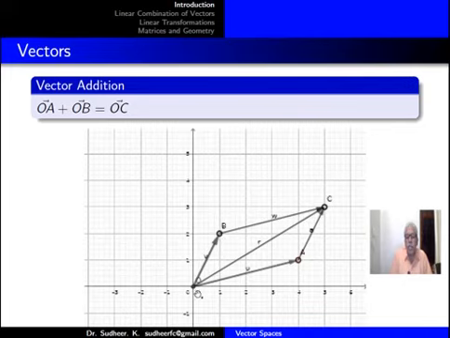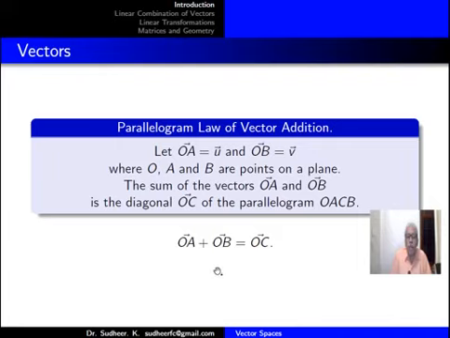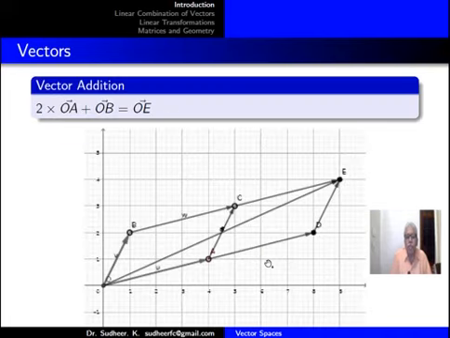Both the vectors start at the common point O, which is the origin we have taken, and if we complete the parallelogram OACB with the two given vectors OA and OB as adjacent sides, then the diagonal of the parallelogram OC will represent the sum of the two vectors OA and OB. So we write OA plus OB equal to OC, the diagonal of the parallelogram. That is the parallelogram law of vector addition.